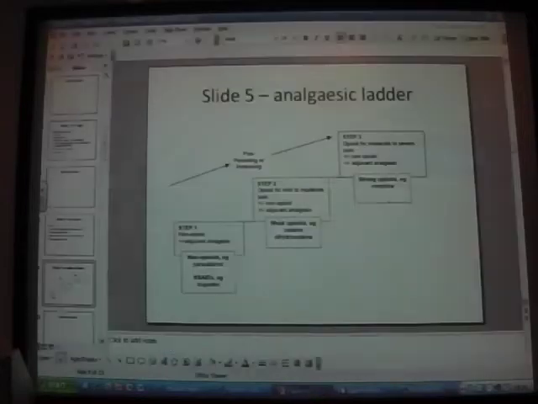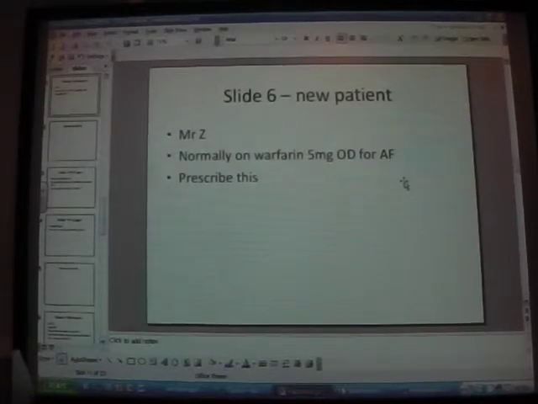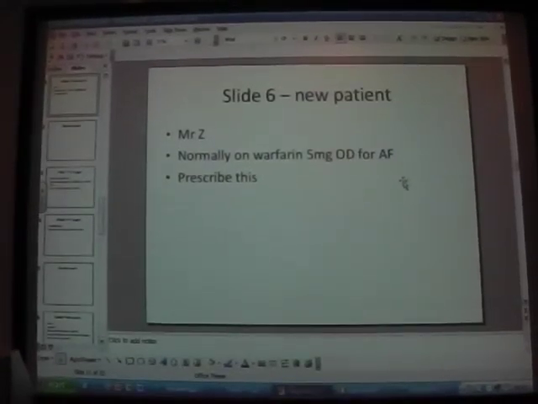Alright, let's keep going. I'm not going to go over the analgesic ladder, you know that. Mr. Z normally is on warfarin 5 milligrams OD for AF. He's just come in, prescribe it. You get 1 minute to do this, and we're going to move on. It's like the easiest thing to do.